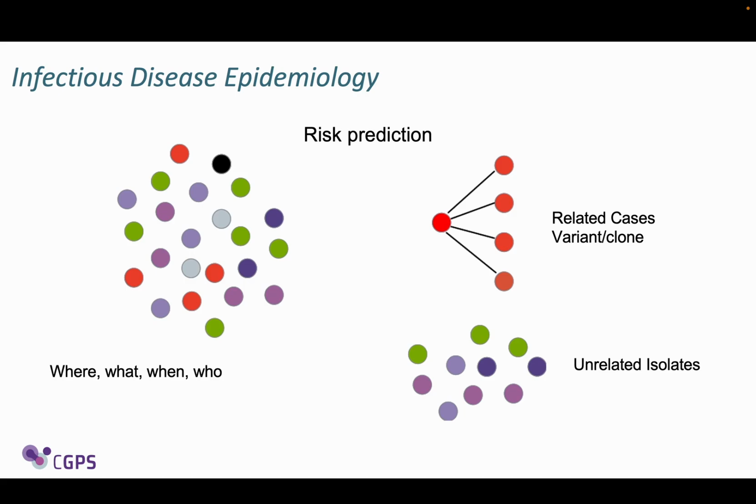So some real simple background, and you will all be more than familiar with these concepts. Within infectious disease epidemiology, one of the key things that we try and do is identify where pathogens are, what they are, when they cause disease, and who or the population that they cause disease in. And can we distinguish related cases that might be parts of an outbreak or a particular variant and clone from those that are unrelated or not causing particular disease.